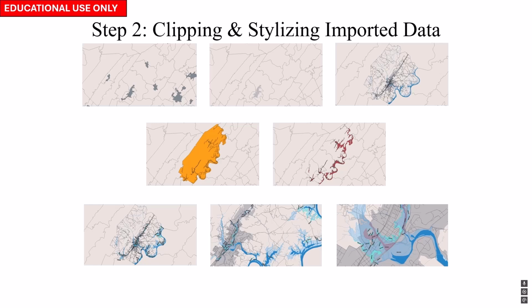The red section represents the 1% annual flood chance, and the green section represents the 0.2% annual flood chance. Then at the bottom left to bottom right, each one from left to right zooms in a little more to showcase the clipped data and how I stylized it.